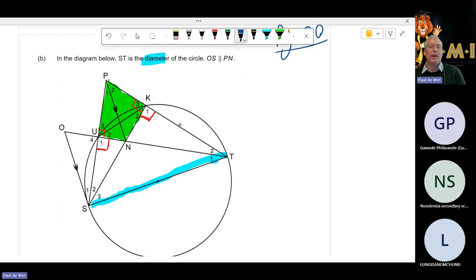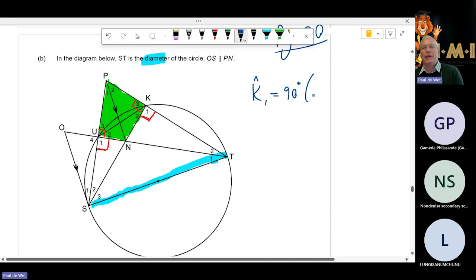Okay, well done. All right, guys, so let's just quickly write that down. Absolutely. K1 equals 90 degrees, angle in semicircle. Then we can say K3 equals 90 degrees, angles on a straight line.